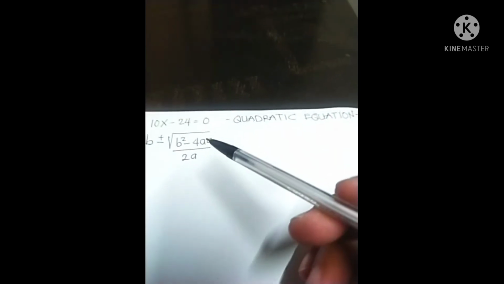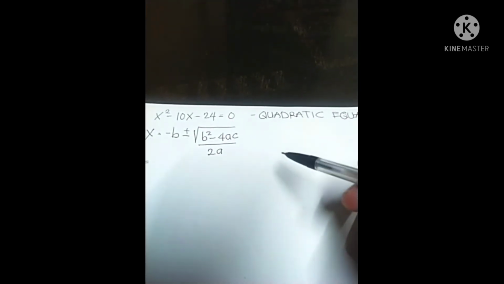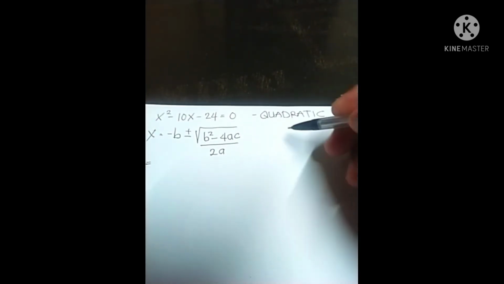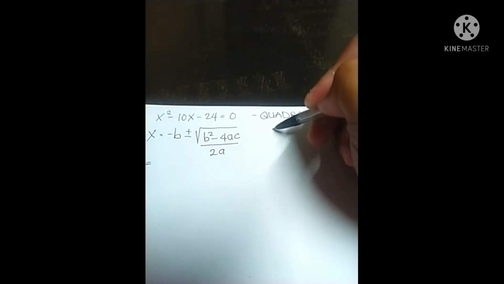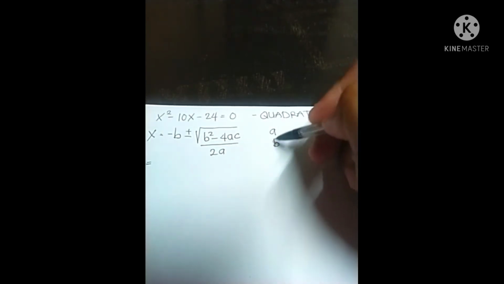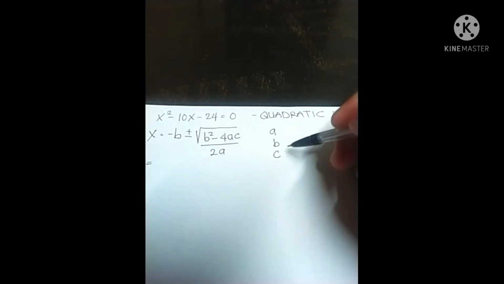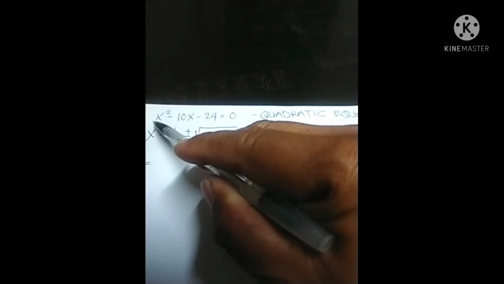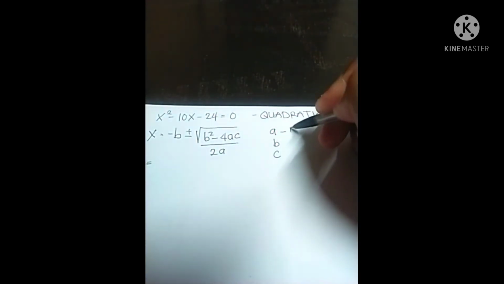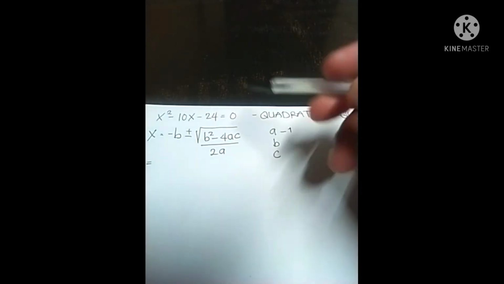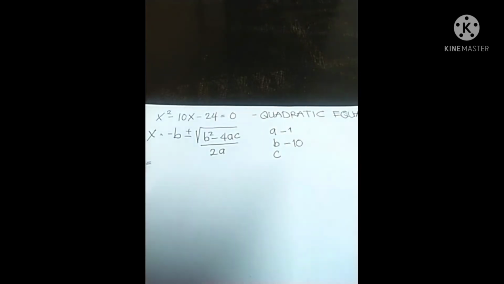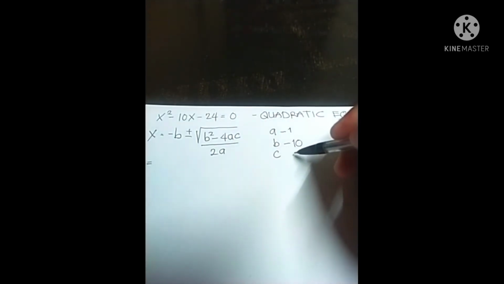So before we answer this quadratic equation, first we identify what is A, what is B, and what is C. So A is the coefficient of x, which is 1. B is 10. C is 24.